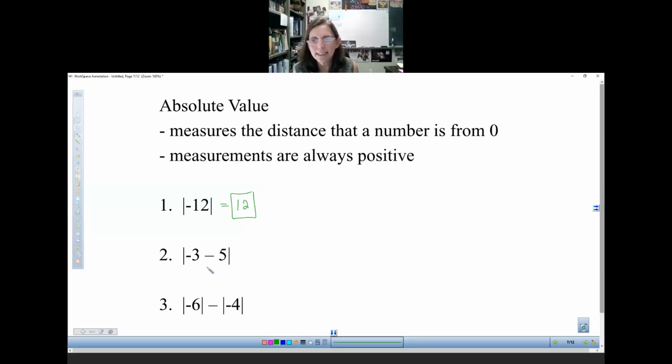So think of this as you've got to take care of everything inside of here before I can get outside of my absolute values. So the first thing I need to do is take care of this operation, negative 3 minus 5. Subtract means I add the opposite, so negative 3 plus negative 5.